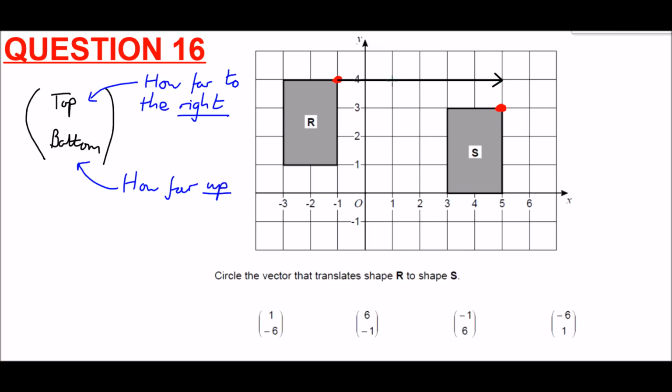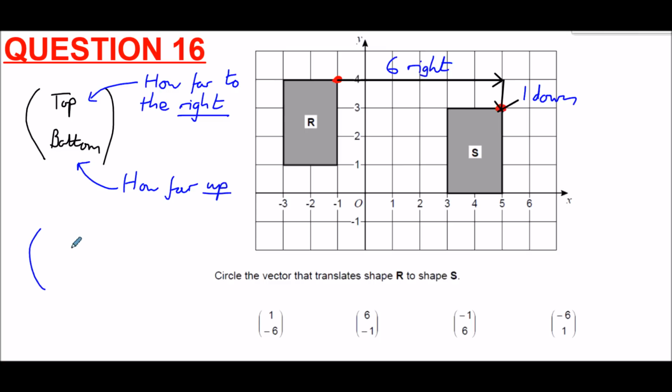It's gone 1, 2, 3, 4, 5, 6 across. So it's actually moved 6 right. But then it's gone slightly down after. So it's gone down 1 square to here. So 6 right and 1 down.